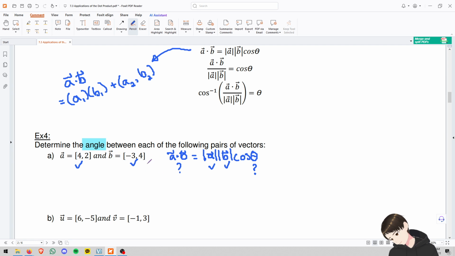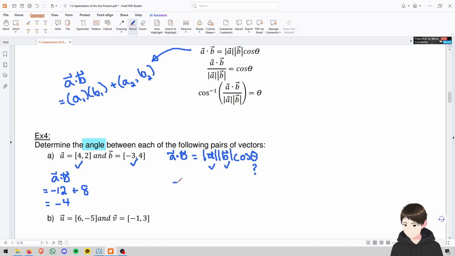The only way you can do this is if you apply the other definition of a dot product, right? So a dot b is equal to 4 times -3 plus 2 times 4. So the dot product of a and b is -4. -4, therefore, is equal to the magnitude of a, 16 plus 4, square root of 20.